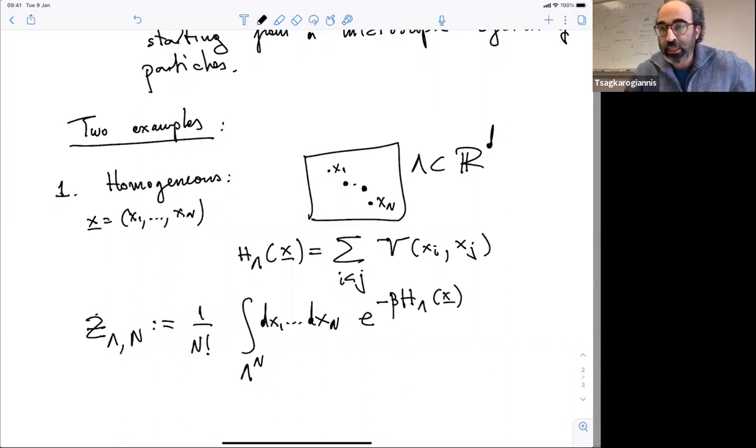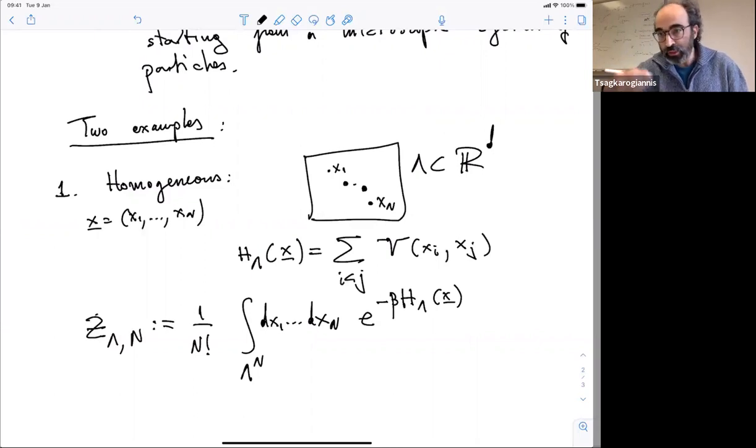So this essentially says that configurations with high energy are less probable. So it's e to the minus a big number. So they contribute less than configurations with smaller energy.